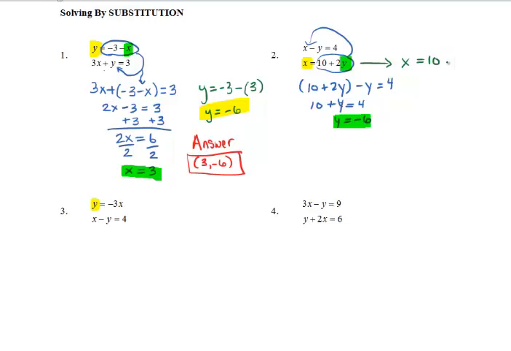So x is equal to 10 plus 2y, and instead of writing 2y, I'm going to replace the y with a negative 6 and solve. So x is going to equal negative 2. This gives me a final solution of the ordered pair negative 2, negative 6.